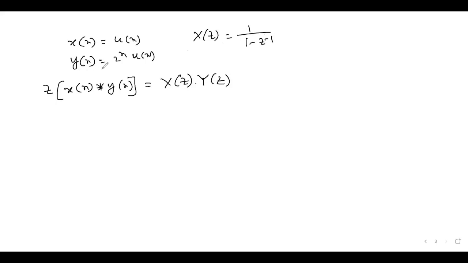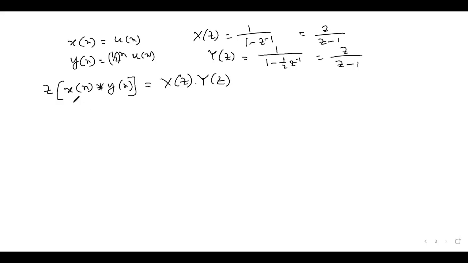And if yn is 2 to the power n un, sorry, not 2 to the power n, it will not converge. It should be half to the power n un, because the base should be less than 1. So yz is equal to 1 by 1 minus half z inverse, that is z by z minus half.